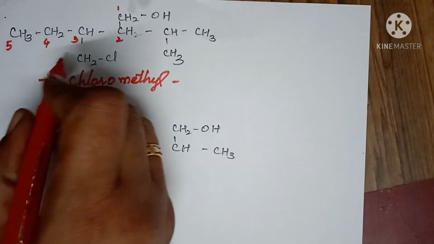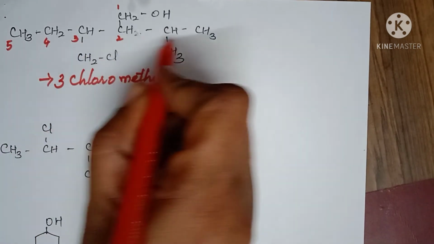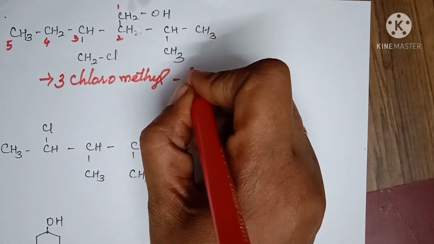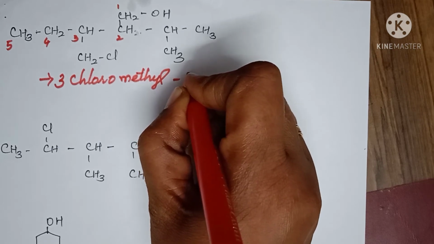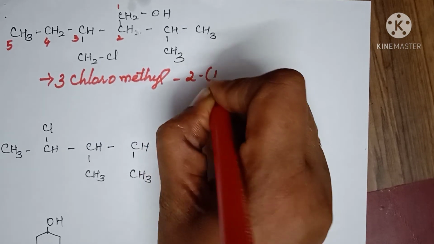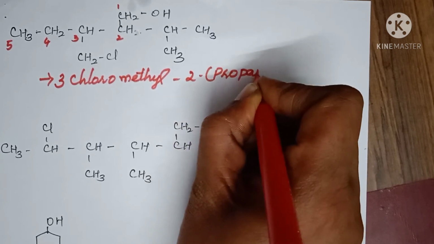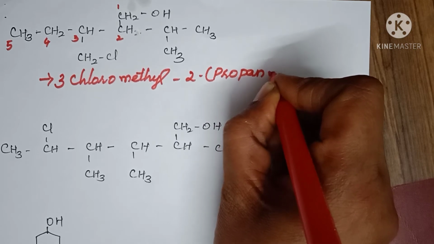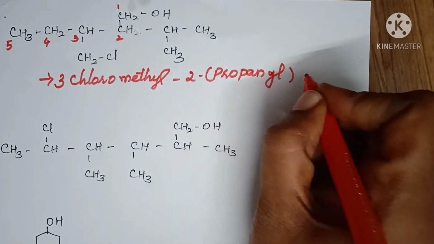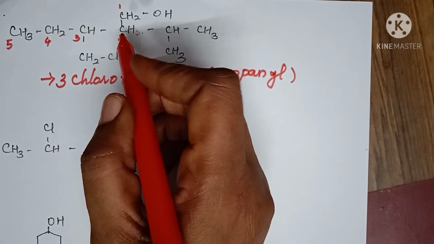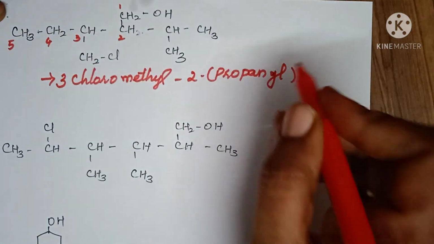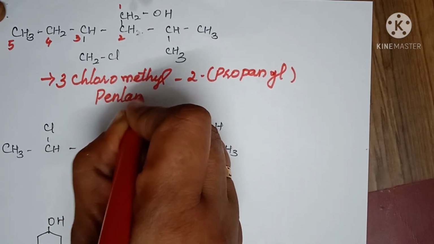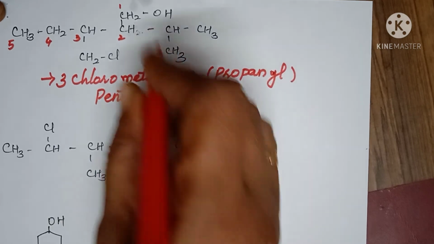Okay, next one. In that second carbon which is attached over there, how many carbons are there? Propane. So 3 carbons, so it is propanyl, 2-propanyl. Okay, next one, in that chain, how many carbons are there? 5 carbons are there. So that means pentanol, directly attached here.